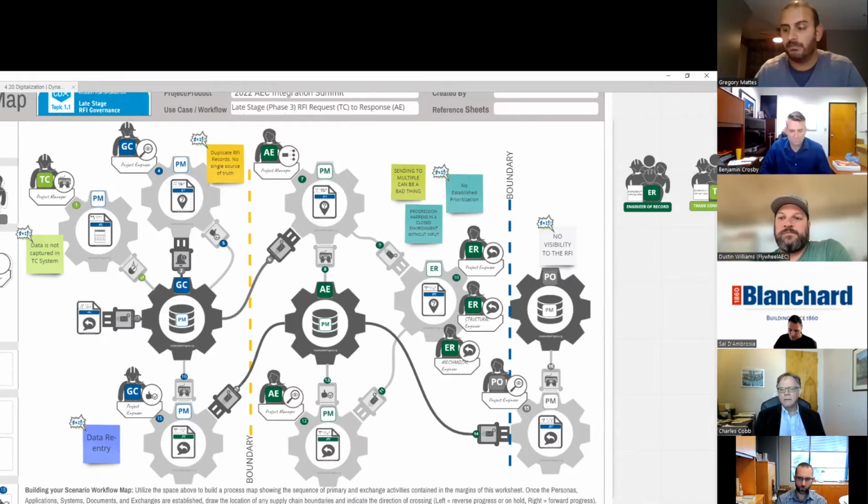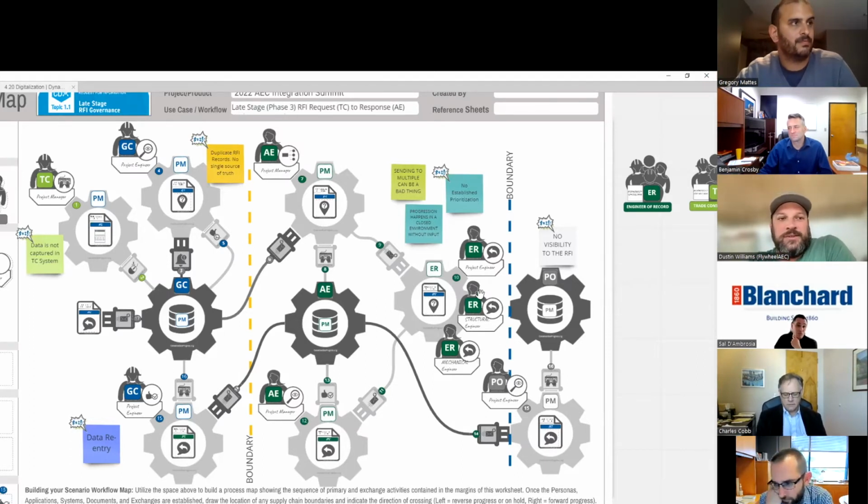Thoughts, Dustin? I think anybody that's on one of those endpoints is either entering the data into their system and also into the GC system, or whoever's maintaining that system of record. It's a seemingly small thing, but really not, like losing access.